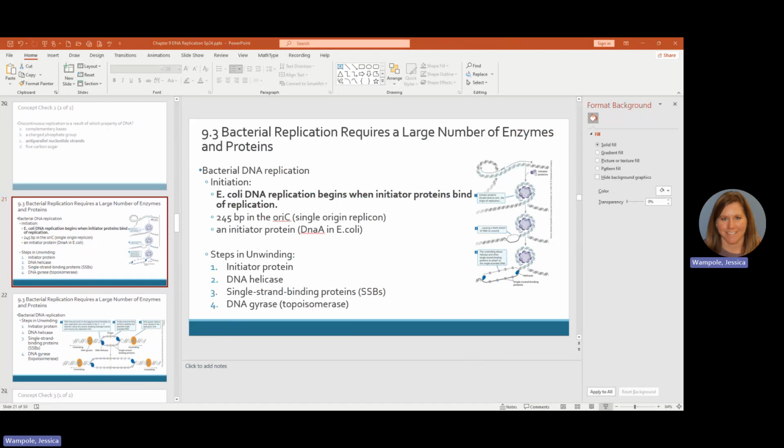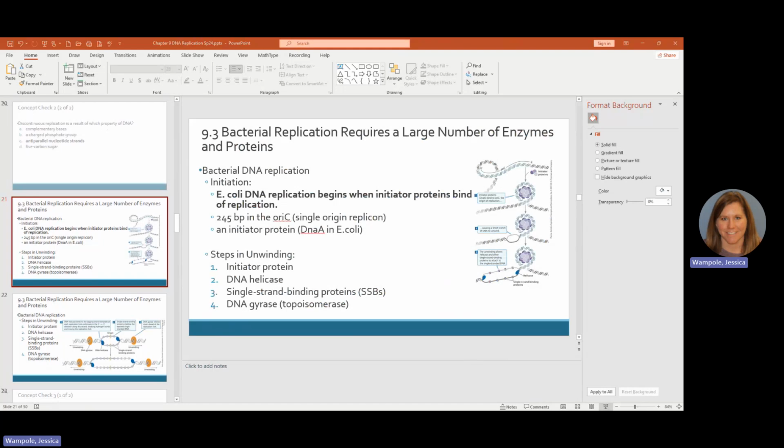Then we get DNA helicase at each of the replication forks. This guy is going to act like a zipper pull. If you think about a zipper on your jacket, it's going to force open the replication fork. But we need one on both sides because we're going to be replicating in both directions.